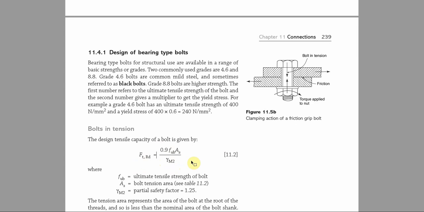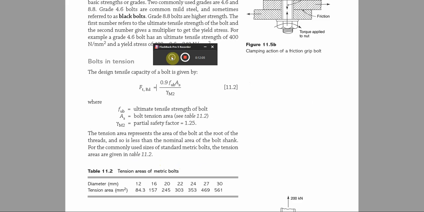The design tensile capacity is 0.9 times f_ub A_s over gamma M2. And I told you that f_ub is the ultimate tensile strength of the bolt, while A_s is the bolt tension area, while gamma M2 is the partial safety factor on it, 1.25.